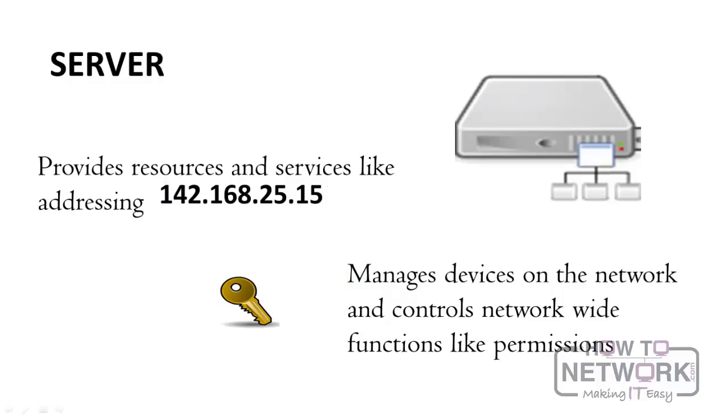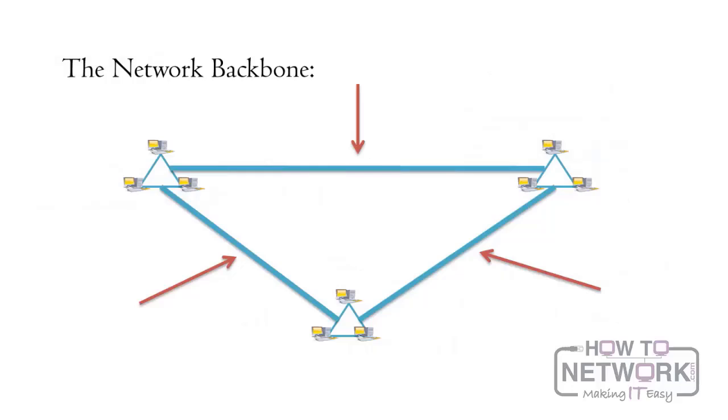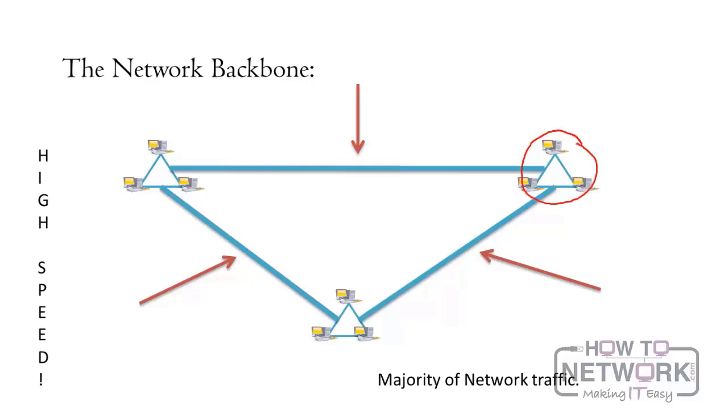Before we do that, let's talk about the network backbone, okay? The network backbone is responsible for carrying the majority of network traffic, and it works at a very, very high speed. Now, it might use different technology on the backbone that's different from the rest of the network because it basically connects all the smaller networks together.